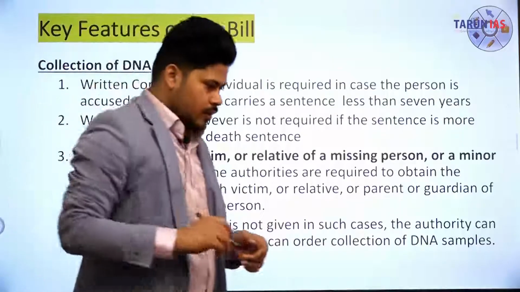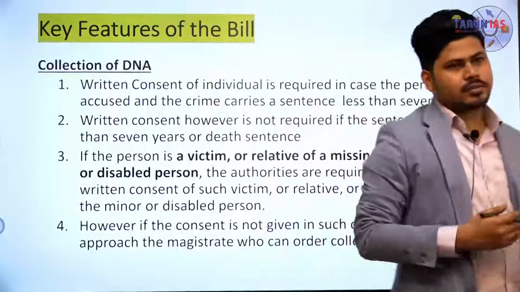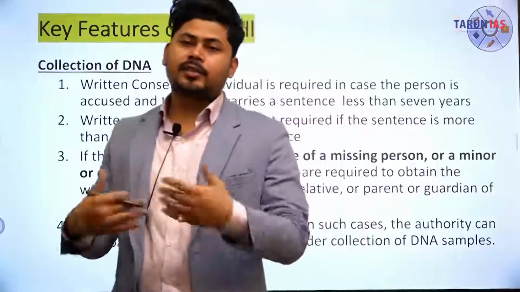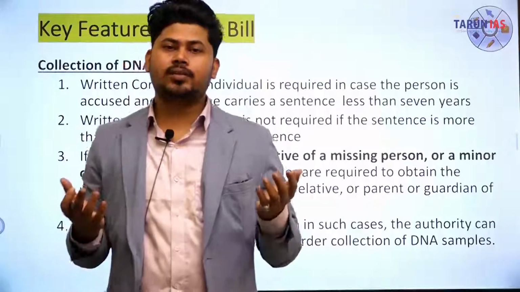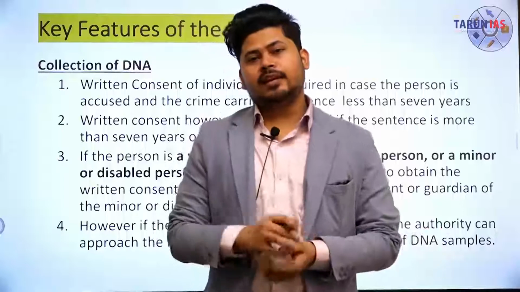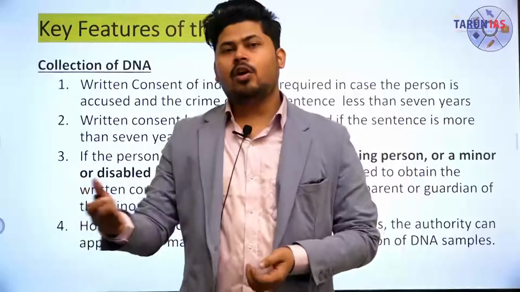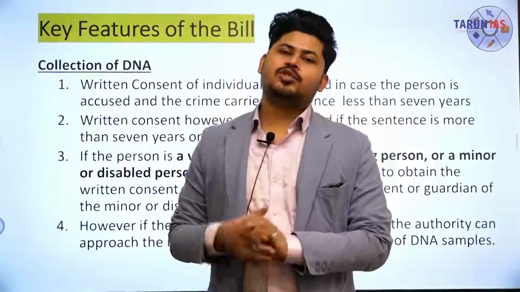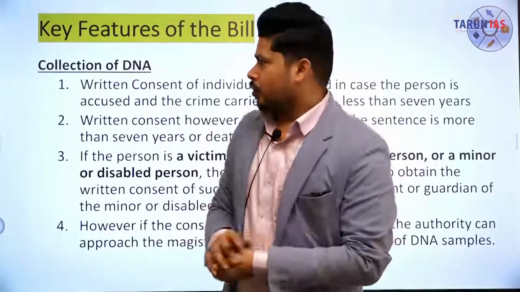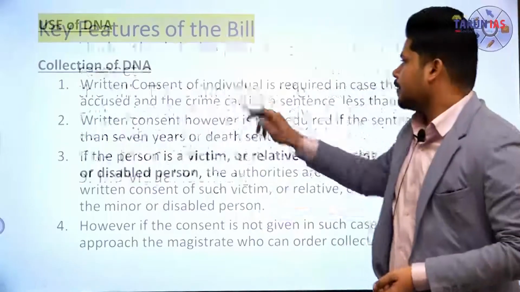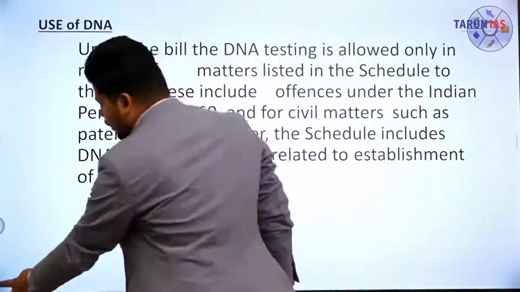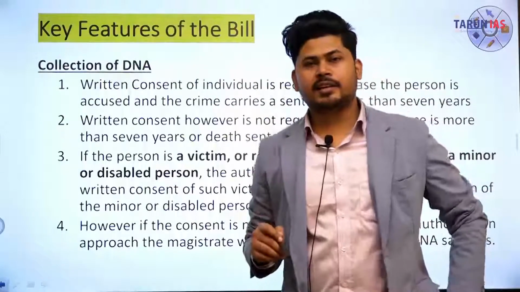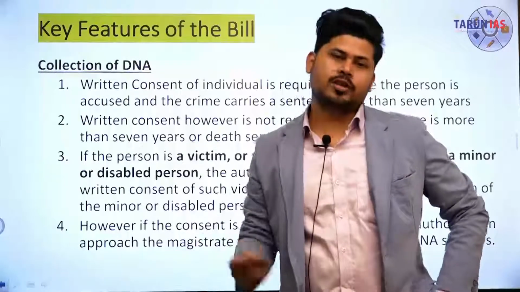But if the crime committed carries a term of less than 7 years, then a written consent of the individual from whom the DNA is being collected for forensic examination has to be taken. That is, if you have committed a crime whose punishment is less than 7 years, then to collect your DNA sample the government needs your written consent.